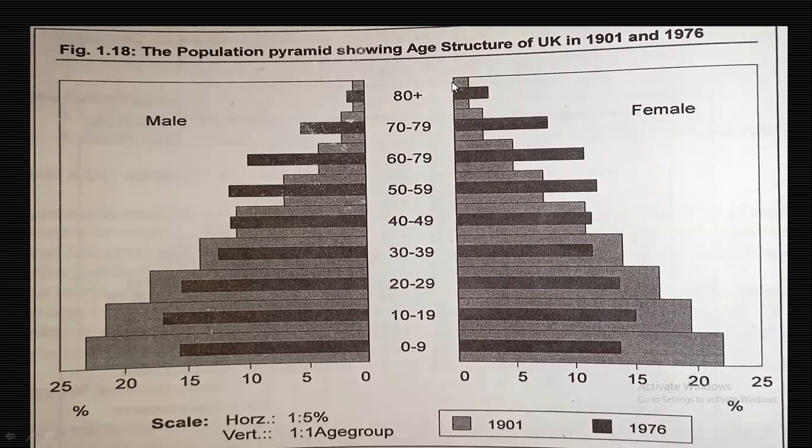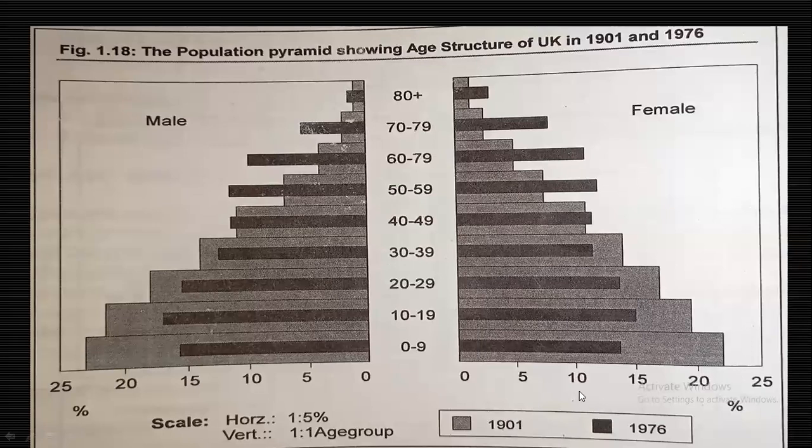Yes, teacher, can we start with the previous year? Like which one? Like you're starting with the 1976? Yes. It is okay. What is important is for you to give us the labeling.